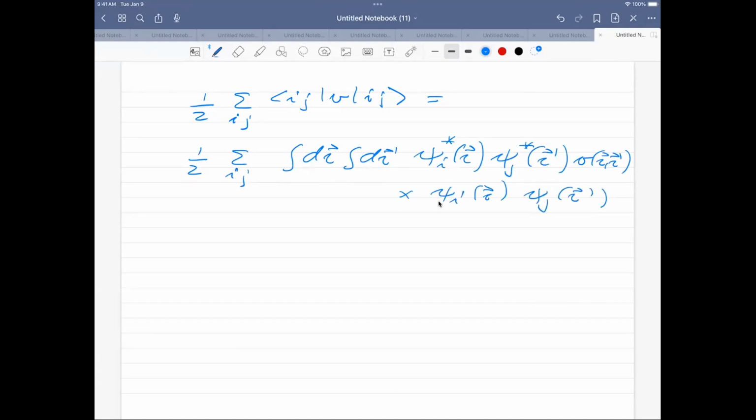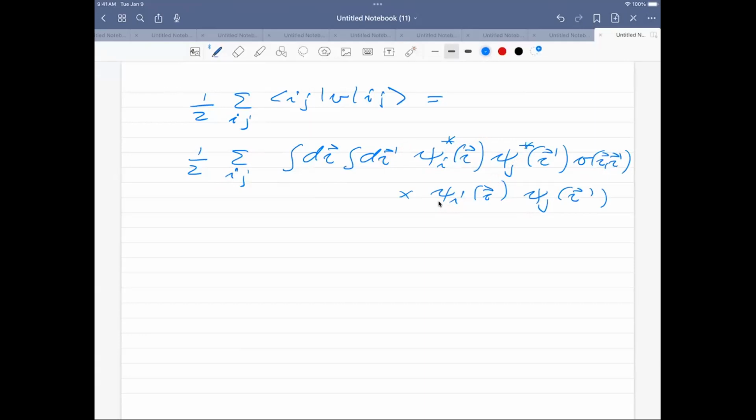Now, what we see here is that the sum over i, including this one and that one, can be rewritten as this density for the variable r, and then the other one can be rewritten as a density over this r prime here.